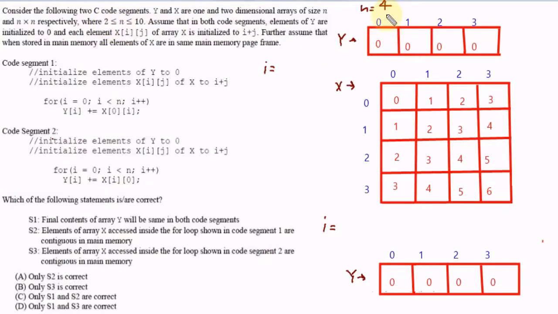I have assumed that n is equal to 4, and that's why the size of this is 4 and the size of this is 4 cross 4. It's saying to assume that in both code segments, elements of y are initialized to 0. So all of the elements of y are initialized with 0, and each element of array x is initialized to i plus j.